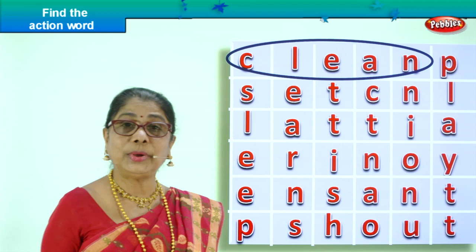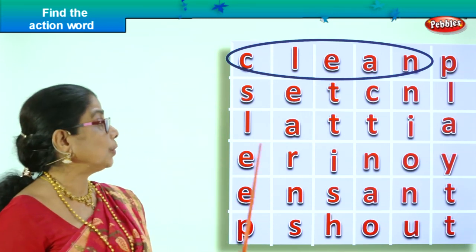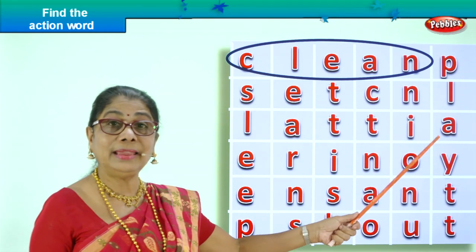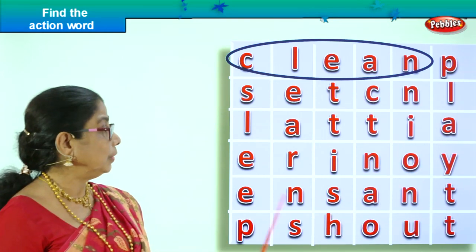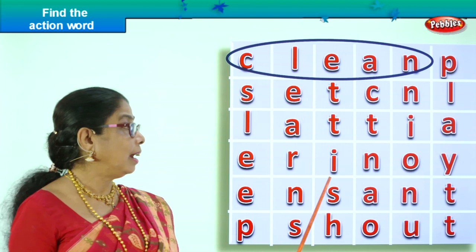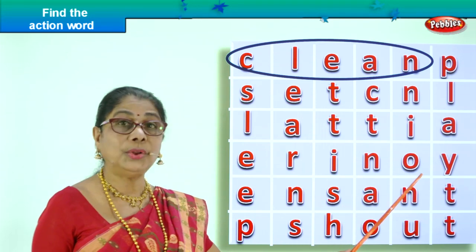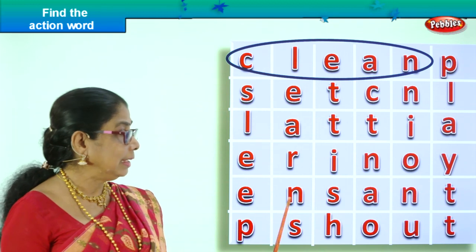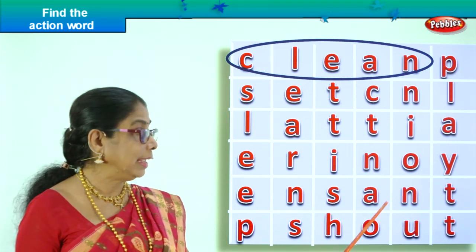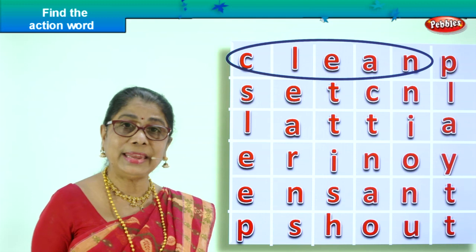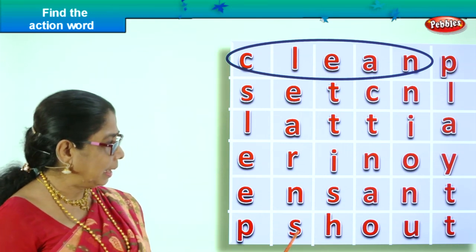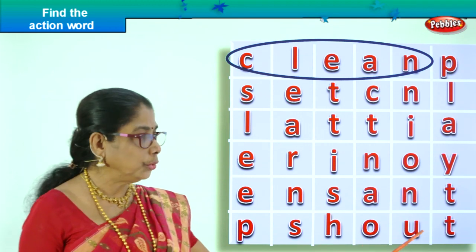S-E-T-C-N-L. Can you find any word? No. Next row. L-A-T-T-I. No. Good. Next row. E-R-I-N-O-Y. Did you find any? Next. E-N-S-A-N-T. Did you find any? Last row, let's look. P-S-H-O-U-T.